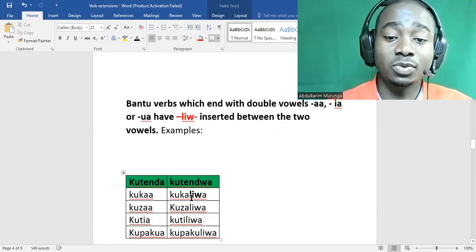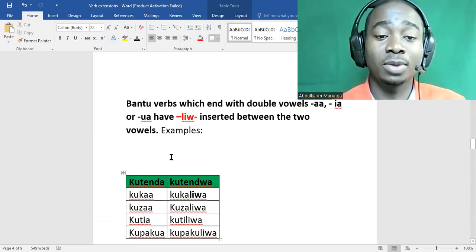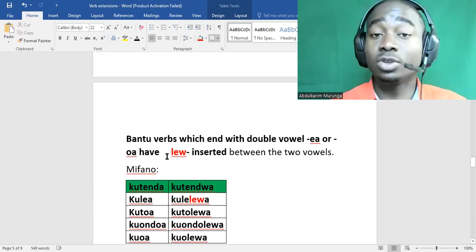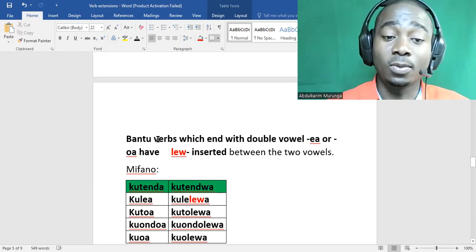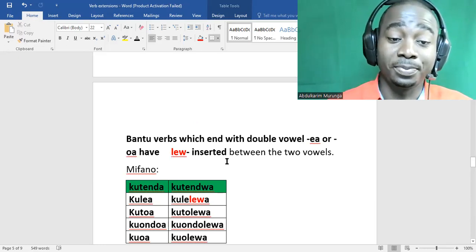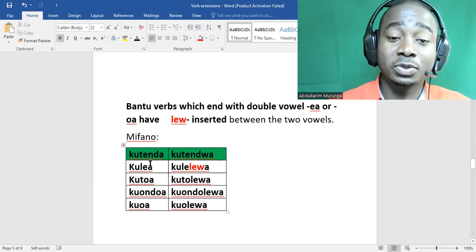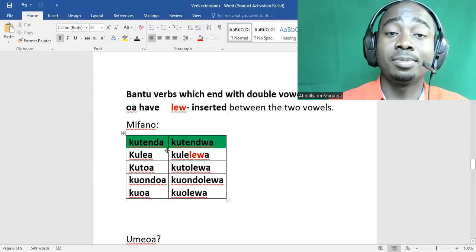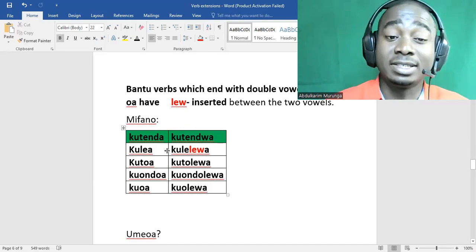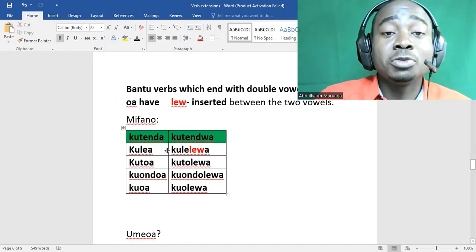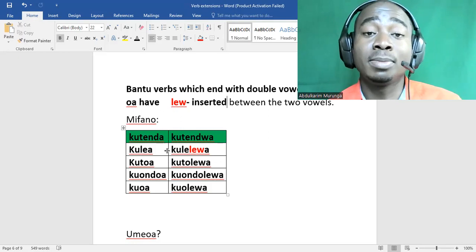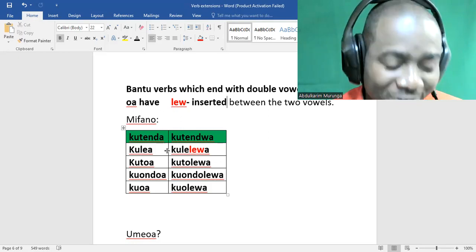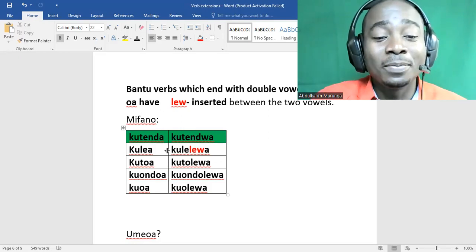In this case, we have E-A or O-A. The first one we put L-I-W, and here we put L-E-W. Okay. We have kutenda, to do, kutendwa, to be done. Kulea is to bring up a child or to babysit. Kulelewa is to be brought up or to be babysat.